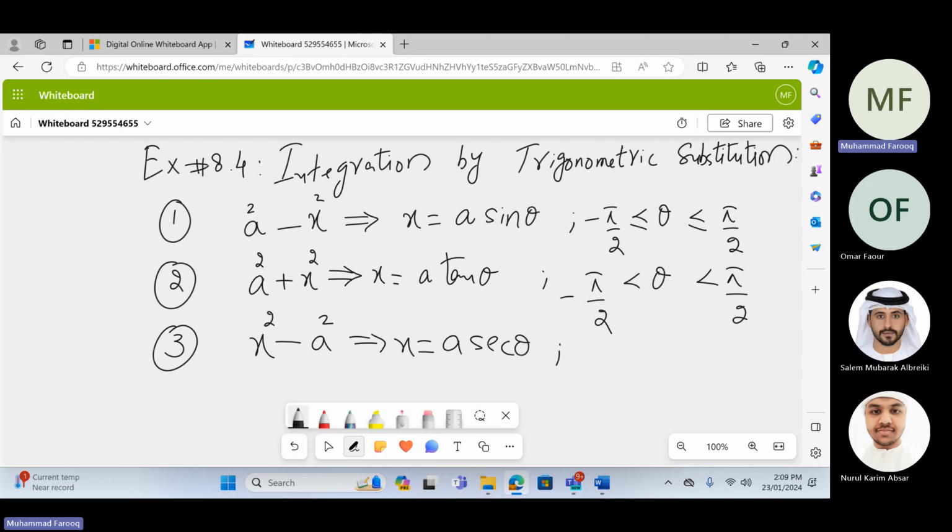For secant, which quadrant is 0 to pi by 2? The first one, and in the first quadrant all are positive. So if you have secant substitution and an absolute value, don't worry, it is positive. It has one more case, but that case will not come in our questions, so I'm not discussing it.